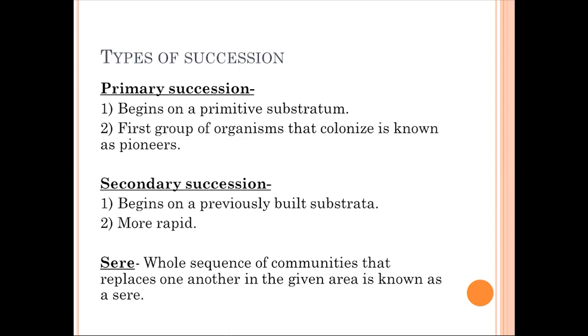Primary succession: the succession which begins on a primitive substratum, that is the substratum which previously didn't have any living matter. And the organisms which colonize such substratum are known as pioneers.